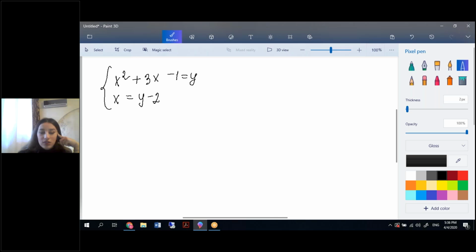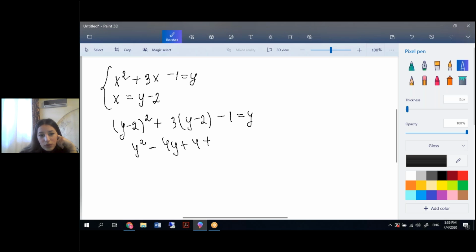Here we should look at the discriminant. But first, let's take this x and put this value instead of this unknown. So what we get here? y minus 2 squared plus 3 times y minus 2 minus 1 equals y. y squared minus 4y plus 4 plus 3y minus 6 minus 1 equals y.